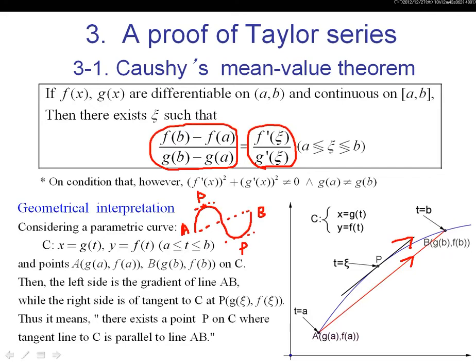So geometrically speaking, it is very trivial. And it is very easy to memorize this. To apply this theorem, what you have to do is to differentiate both numerator and denominator and replace b and a by xi. Xi is between a and b.